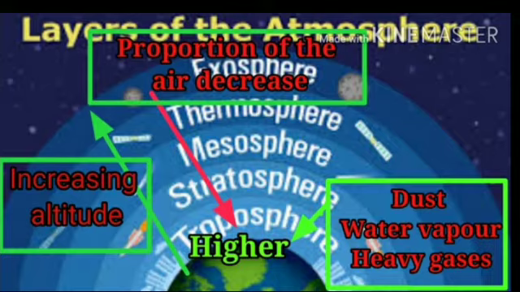If air pressure is decreasing, so increasing altitude, it means the altitude will be increasing, that person will be going higher and higher from the earth's surface. That's why the air pressure keeps on decreasing. Understood student? Okay, now let's see air temperature and air pressure.